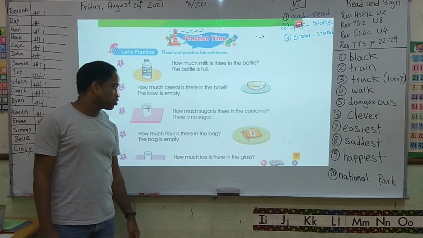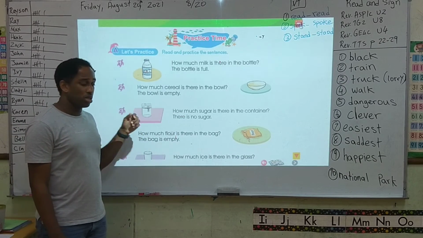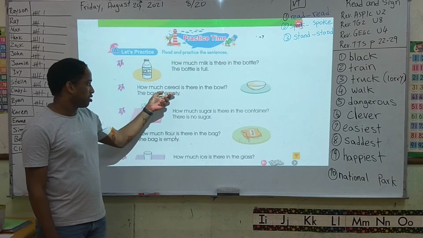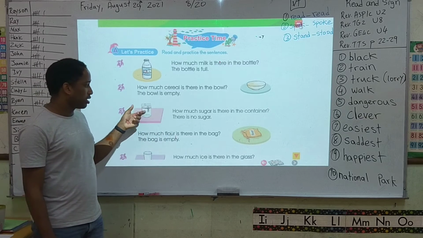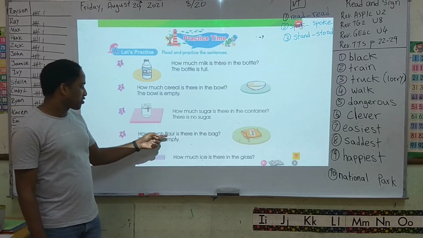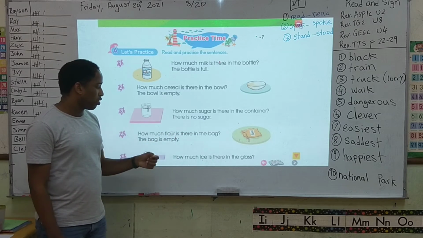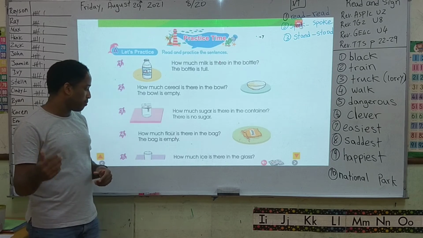How much sugar is there in the container? There is no sugar. Or the container is empty. How much flour is there in the bag? The bag is empty, or there is no flour in the bag.